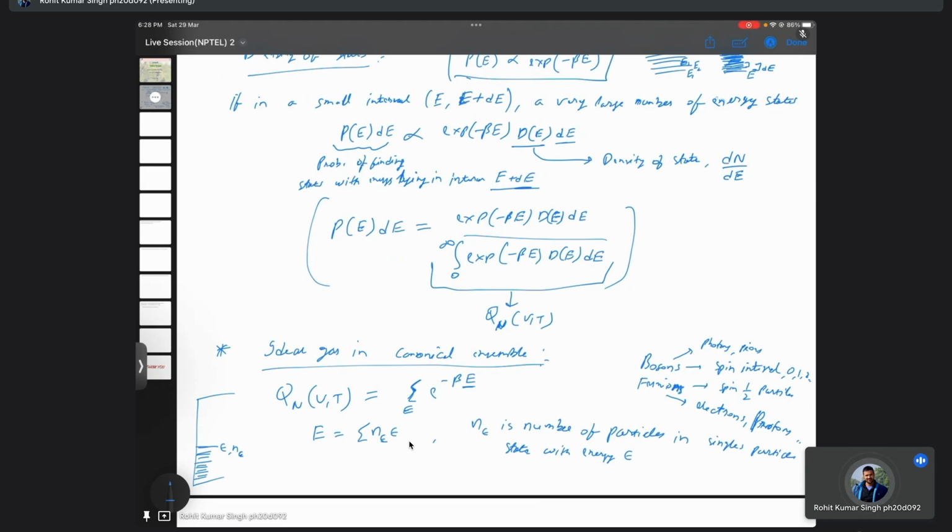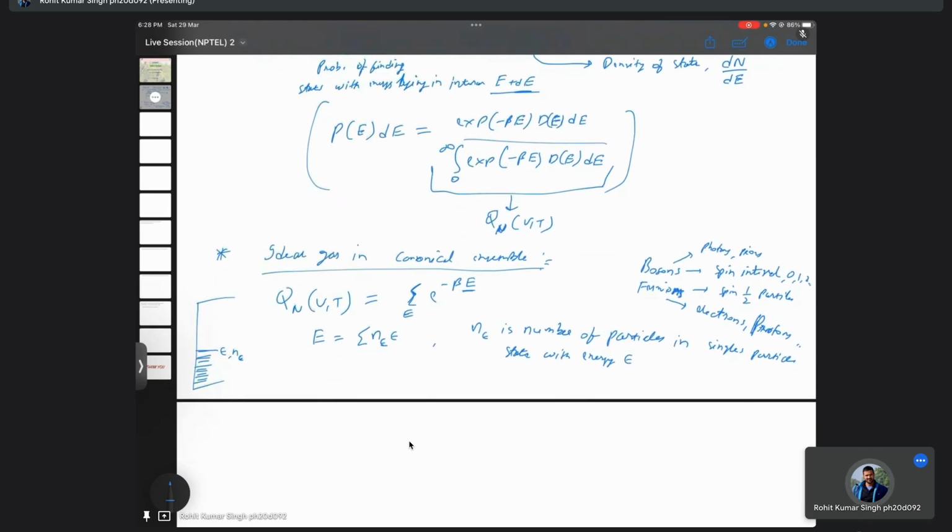So we are talking in terms of quantum mechanical ensemble, okay. Here we are talking in terms of energy states basically, okay. Now, so this is fine.